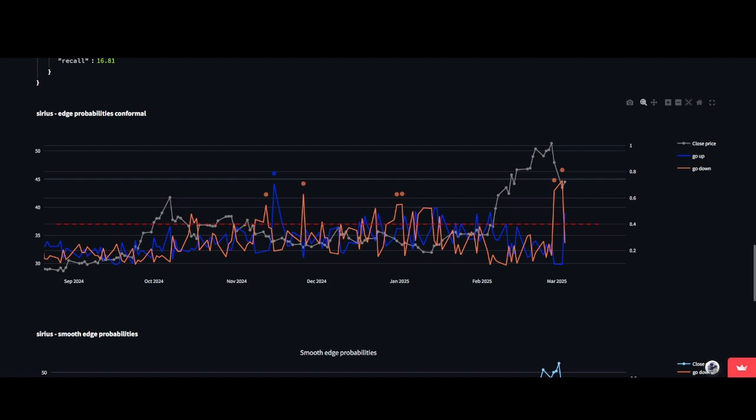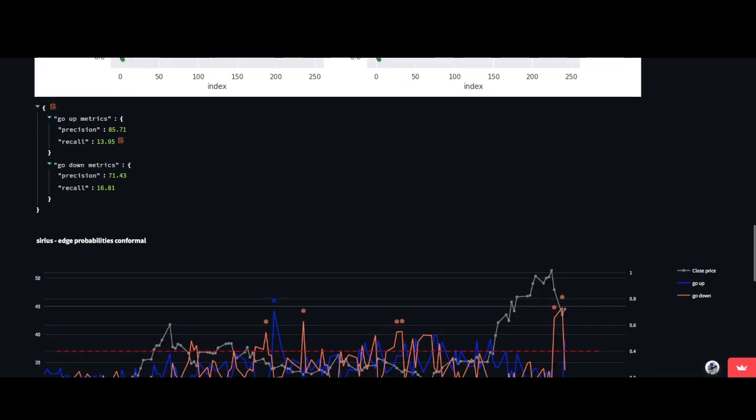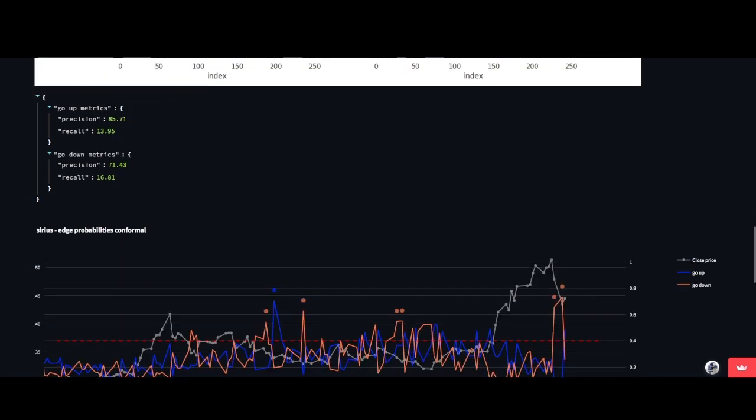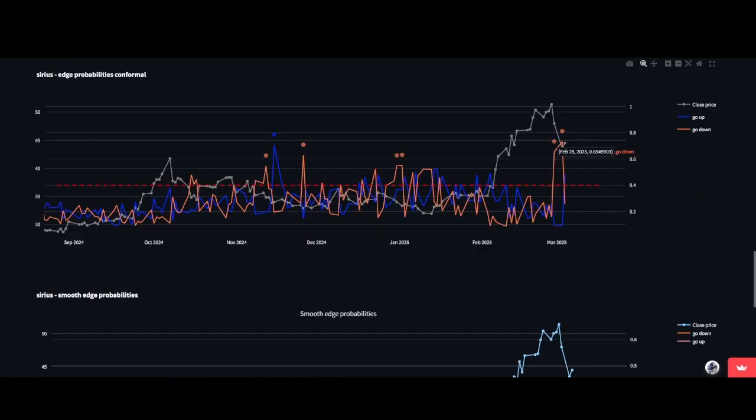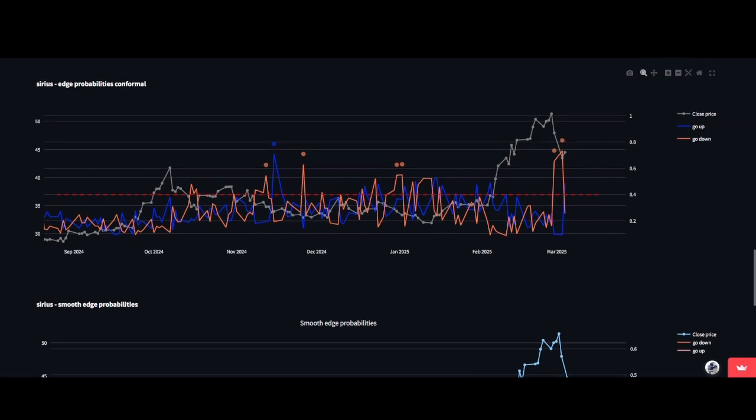manufacturers. So let's see. The model, okay, it's strong on both metrics for going up and going down. What we have are signals of going down.